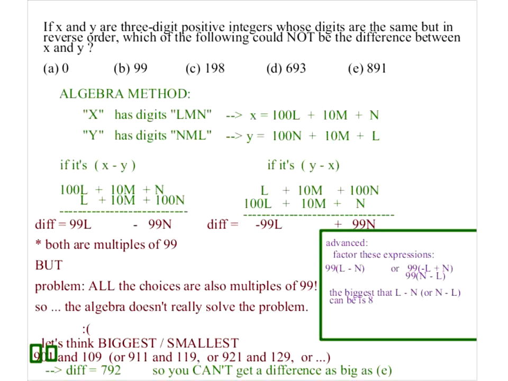So the farthest apart you can make them is the split between 1 and 9. So the biggest value you can get is 99 times 8, or 792. That's what we found here. So if you understand this kind of number properties, you can do that. If you don't, it's not really a problem because you can just test stuff.